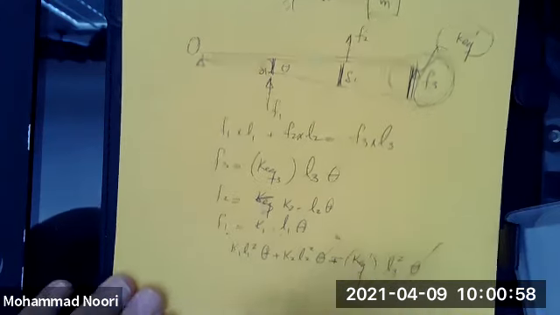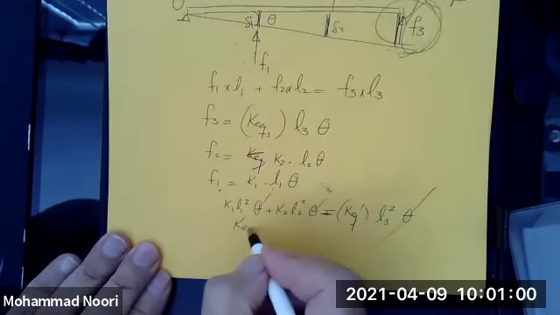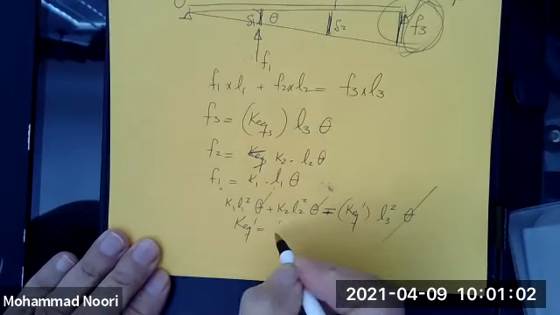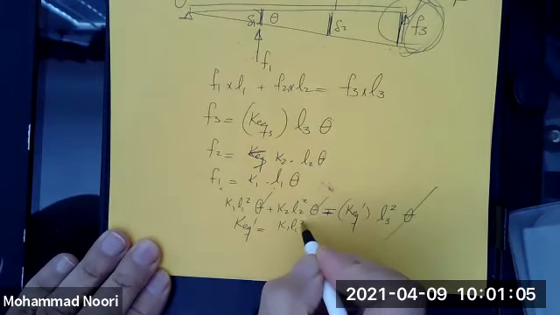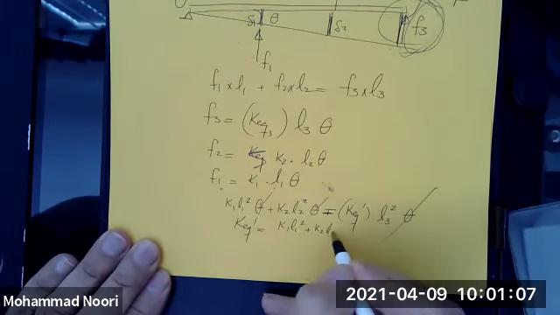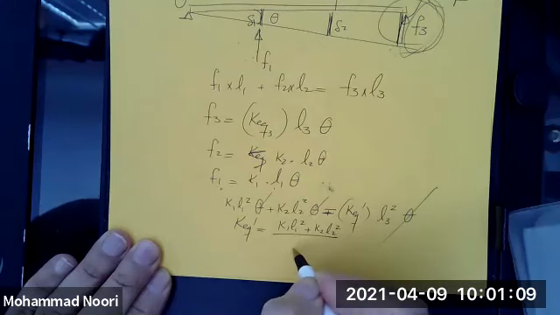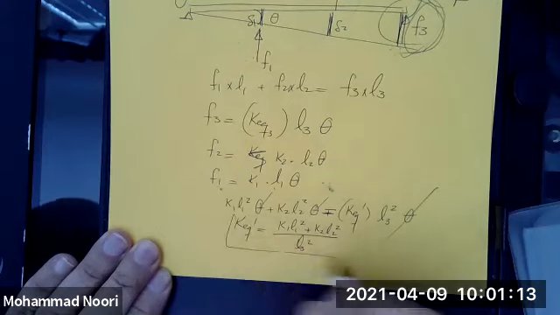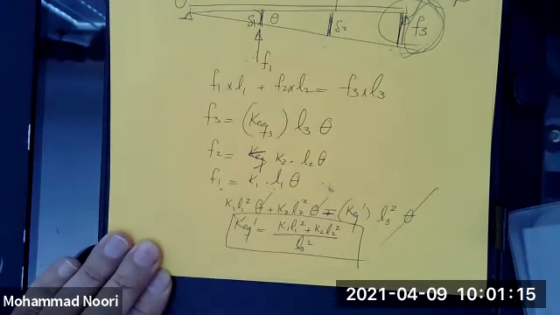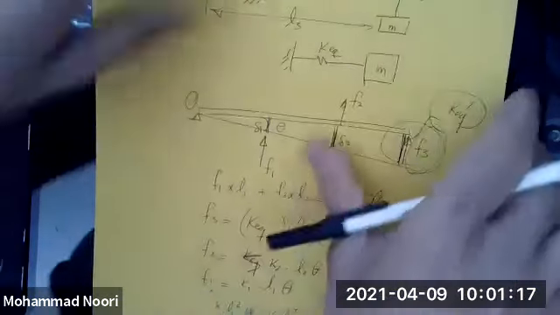Thetas cancel out. So the K equivalent prime that I'm looking for would be K1 L1 squared plus K2 L2 squared divided by L3 squared. So what I have done, I have converted this problem to this problem.